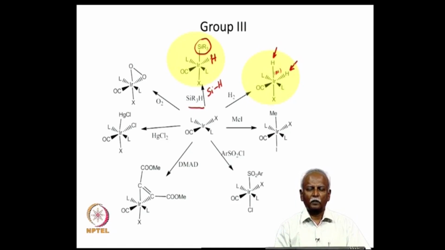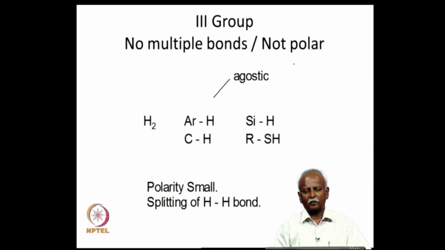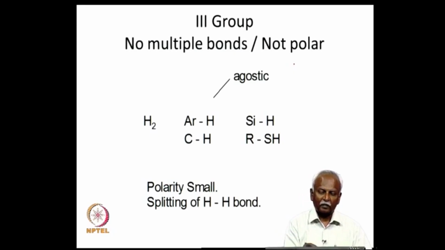They are not polar and they are not multiply bonded. These molecules are strange because they have a common feature, and that is the fact that they have very little ionization of this group as plus and minus.